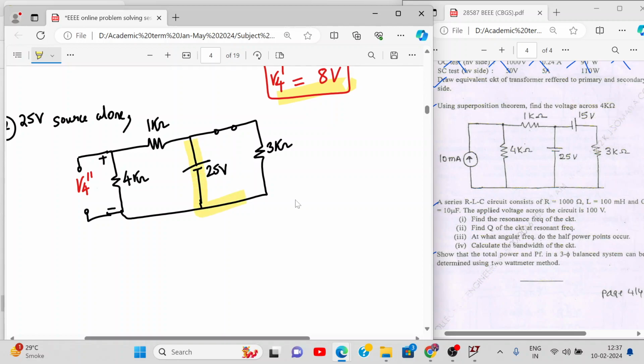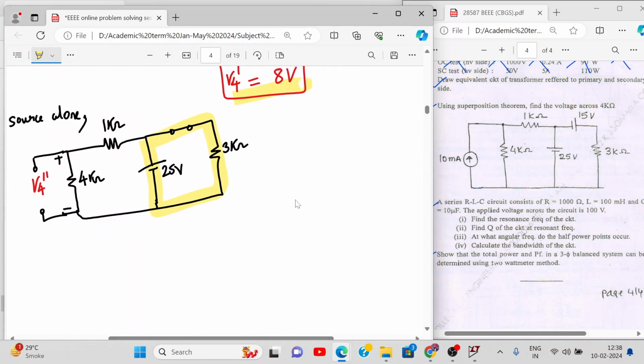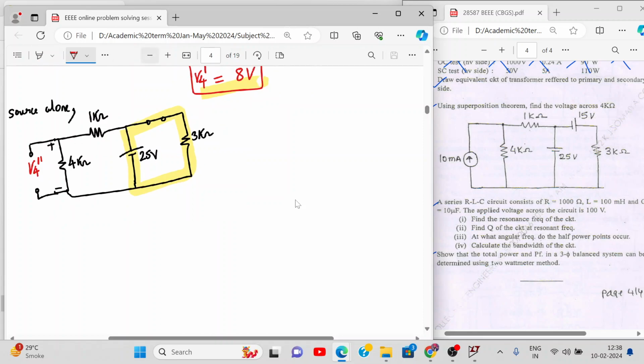Or source transformation you want? Should we apply source transformation or any other technique? Source transformation. Okay, so here we have a current source with a parallel resistance.